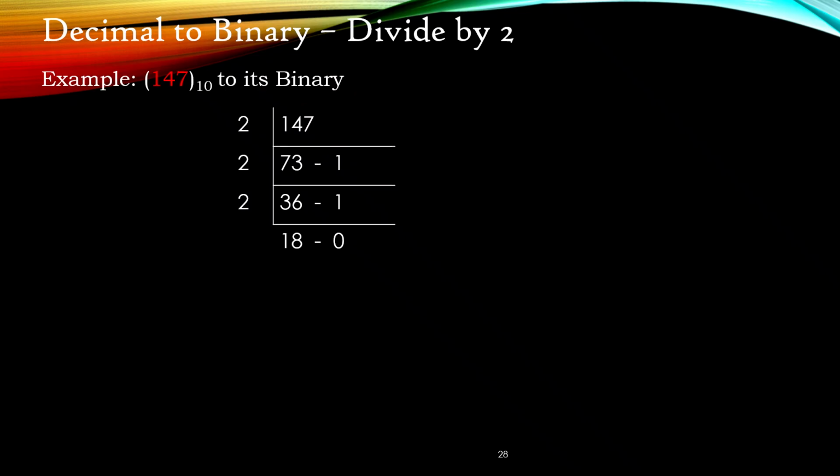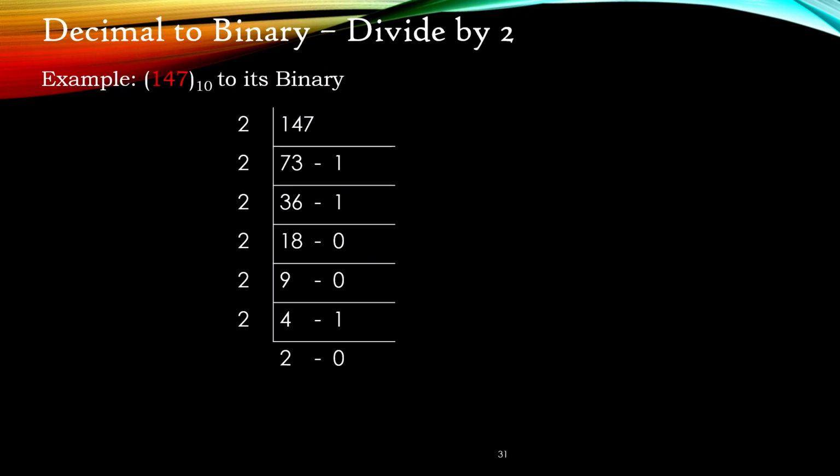Now the quotient is 36 and the remainder is 1. Again, it is greater than 2, so I'm going to divide it by 2 again. So it is 18, remainder 0. Again we divide, 9, remainder 0. Again we have to divide it by 2 because 9 is greater than 2.